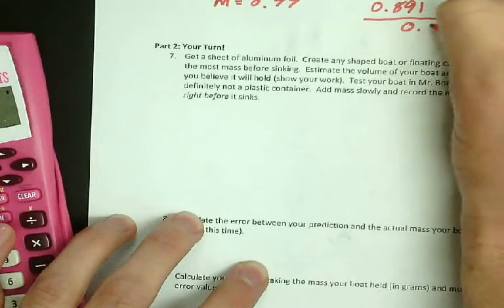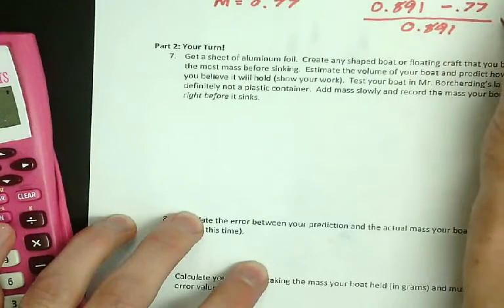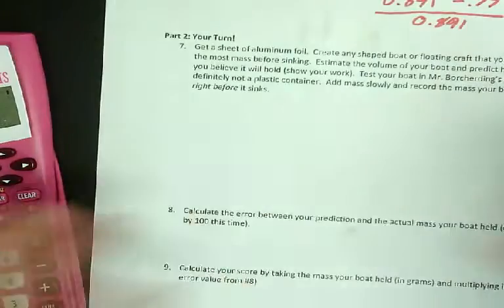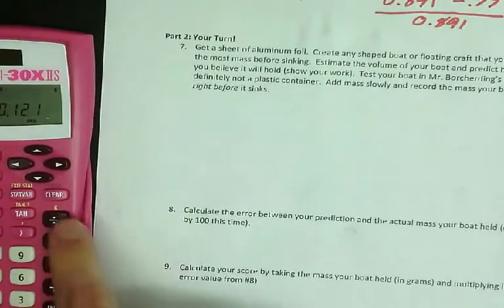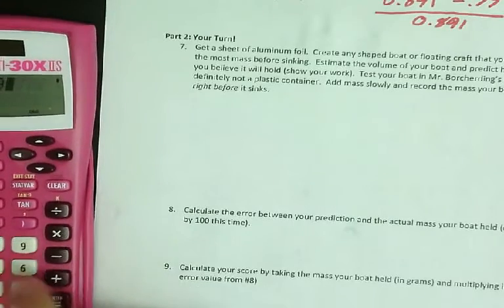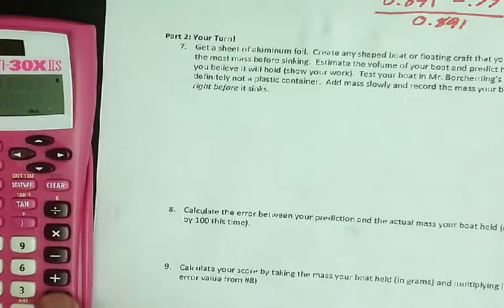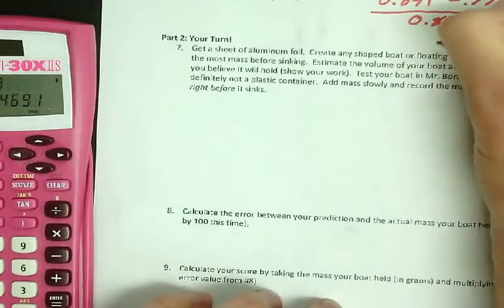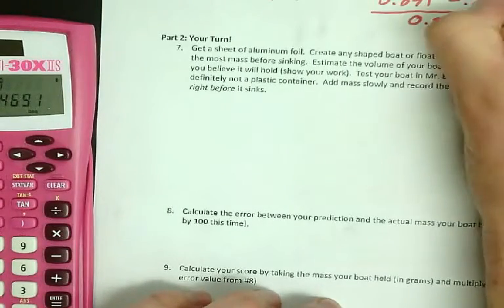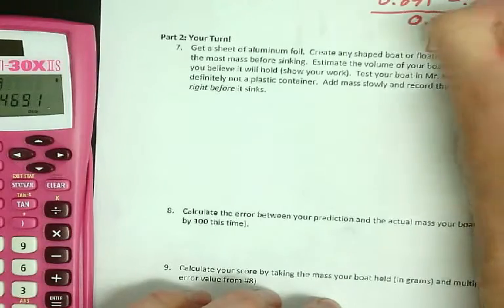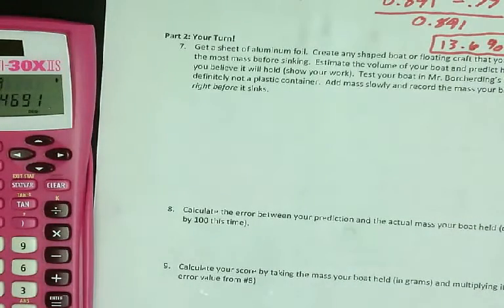I expected 0.891 times 100. Okay, minus 0.77 divided by 0.891 times 100. I got 13.6% error. We always count accuracy as being less than 20%.